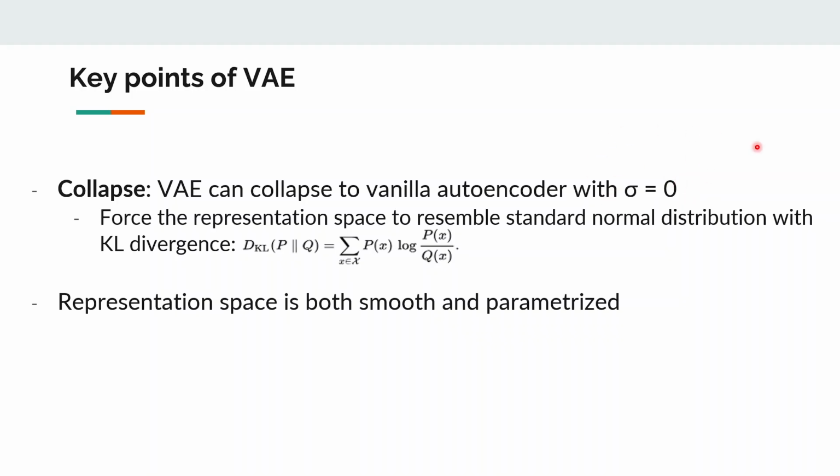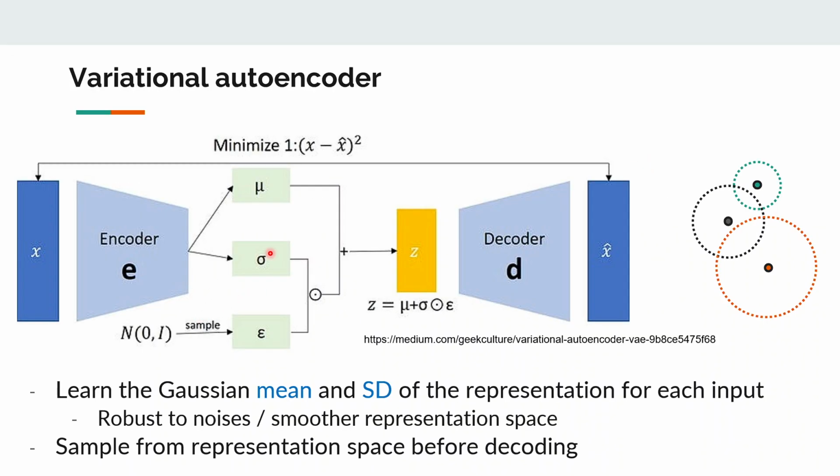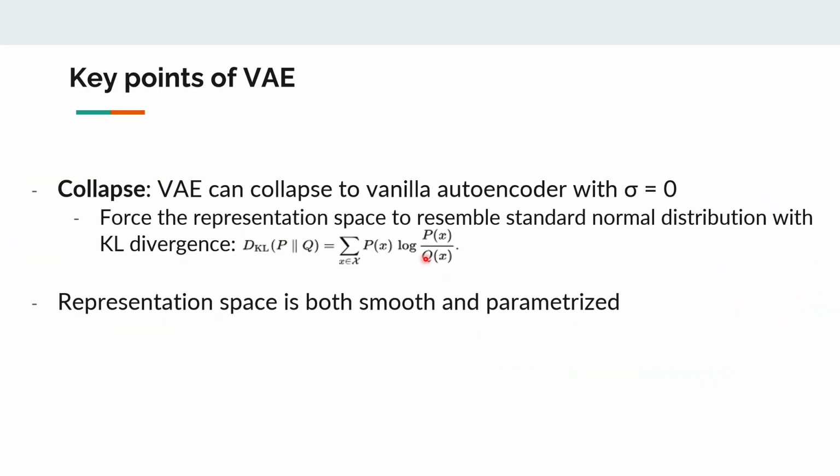Who's to guarantee that the model wouldn't set the sigma here, the standard deviation, to 0, and then the model can collapse back to the original autoencoder? Basically, one input gets one embedding and gets one output. So people have to do some engineering.